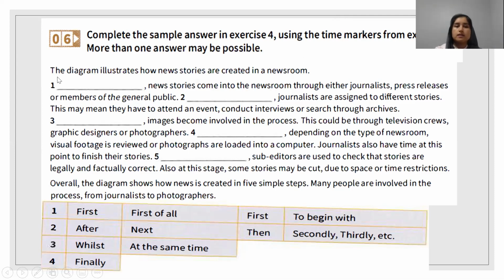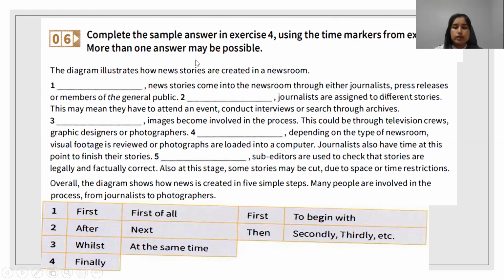So we first start. The diagrams illustrate how news stories are created in a newsroom. Because we just start, most probably we put first of all or firstly. Firstly, news stories come into the newsroom through either journalists, press releases, or members of the general public.